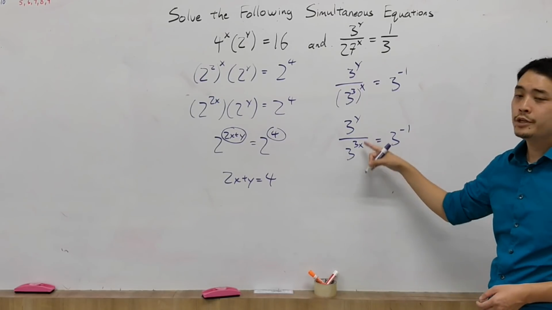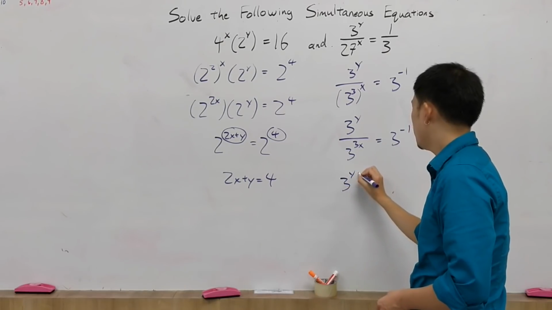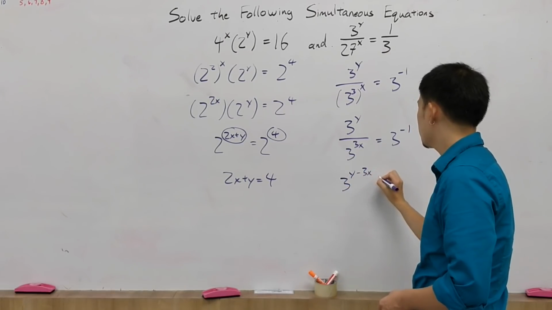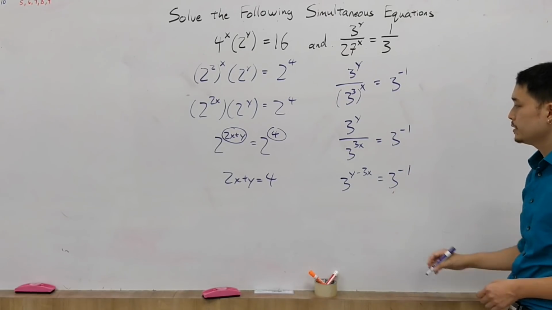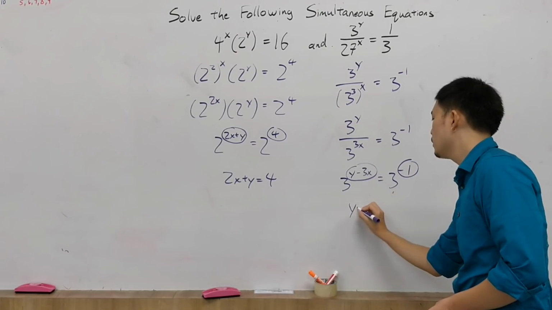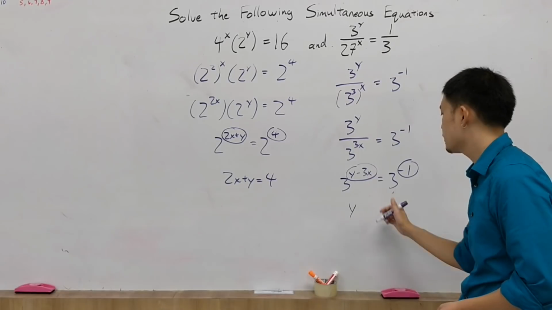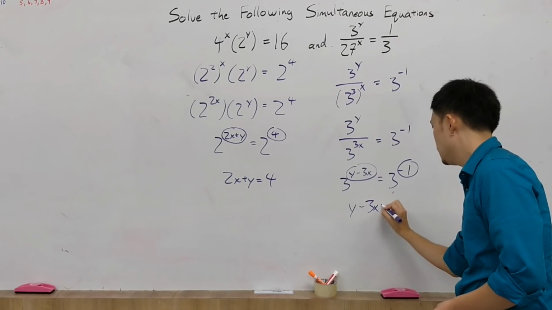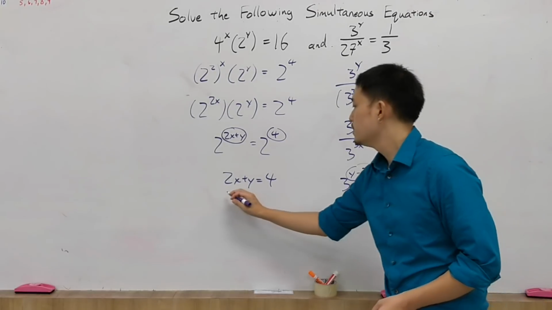And if you remember division, this means 3 to the power y minus 3x equals 3 to the power negative 1. All right, now we can do a quick identification. y minus 3x equals negative 1. And now we have our two simultaneous equations.